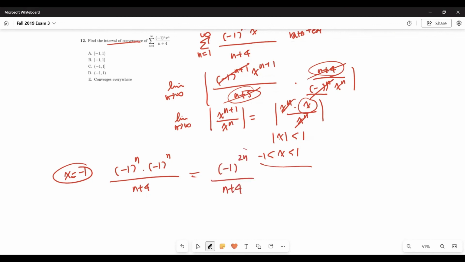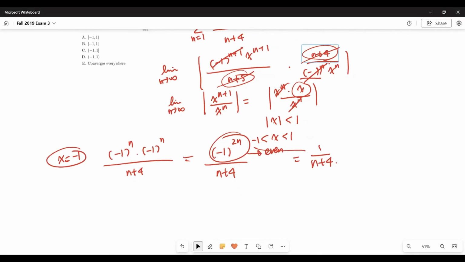Negative 1 to the 2n shows that it's an even power, so this is just 1 over n plus 4. If you remember your p-series test, this behaves like 1 over n.